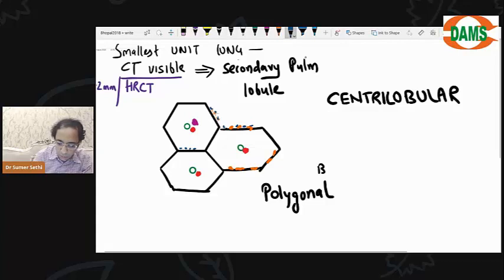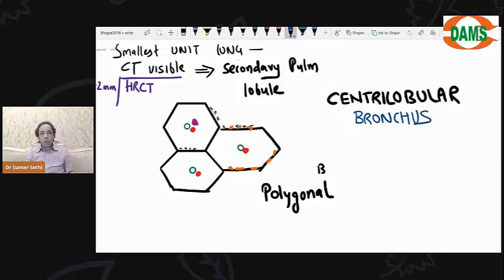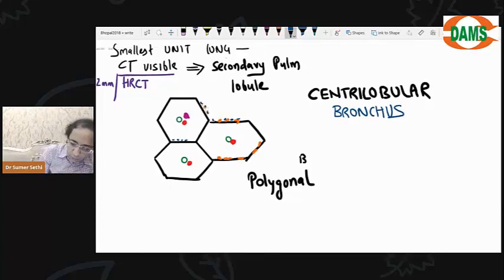So we usually believe that this should be a bronchial origin disease. Disease must be originating from the bronchus. Let's imagine now. Do you remember in my last class, I told you TB can spread via the endobronchial route.